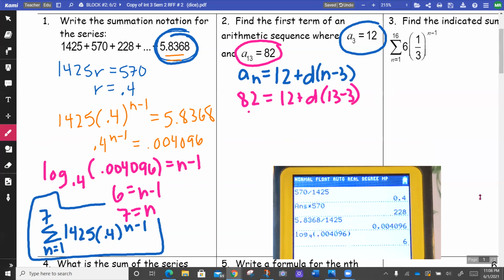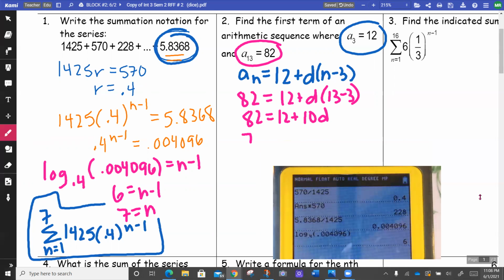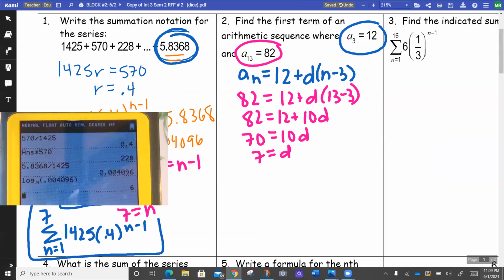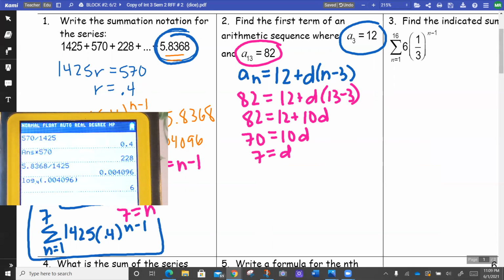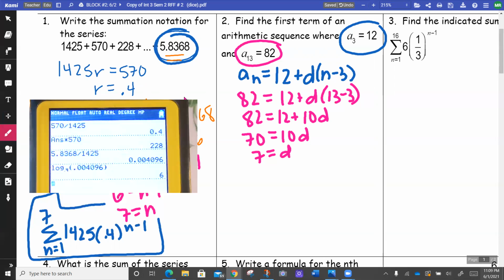So I end up getting 82 is equal to 12 plus 10d. I'm going to minus 12, so I get 70 is equal to 10d. So d is equal to 7, so I'm adding 7. Okay, so at this point, if I want to find my first term, let's move this over here.